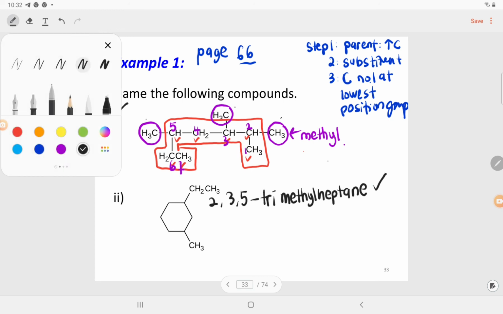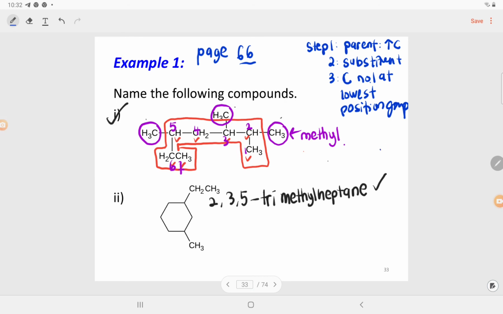Okay. Focus on question number 2. This is a cycloalkane, and we have 2 substituents. You must label your first carbon following alphabetical order. So we can find CH2CH3, which we label as ethyl, and CH3, which we label as methyl.